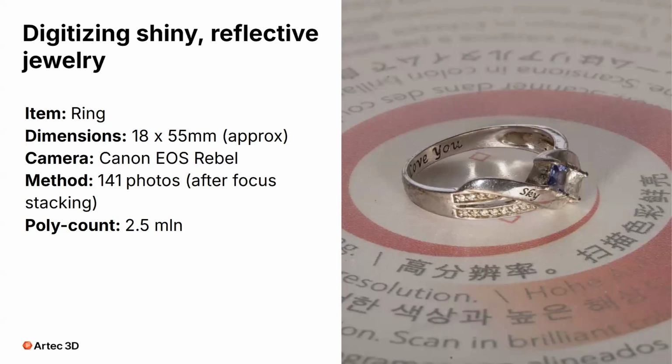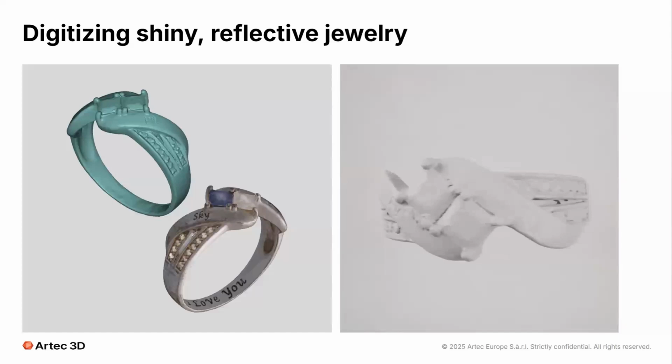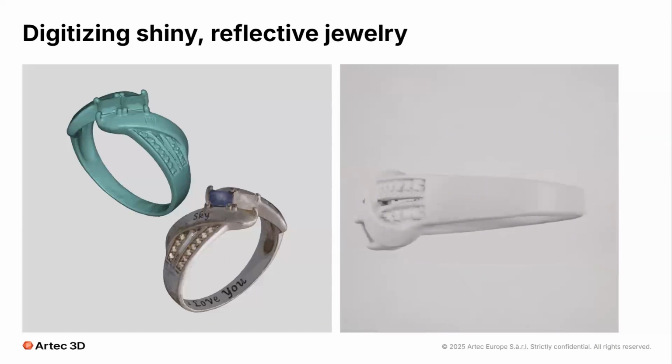Here is an example of jewelry scanning. It's a small ring with really shiny surfaces and small details. Here we have quite difficult surfaces to reconstruct, but thanks to the AI algorithms for the photogrammetry in Artec Studio, we have been able to reconstruct it pretty nicely.